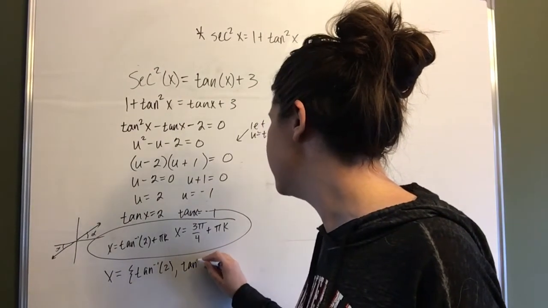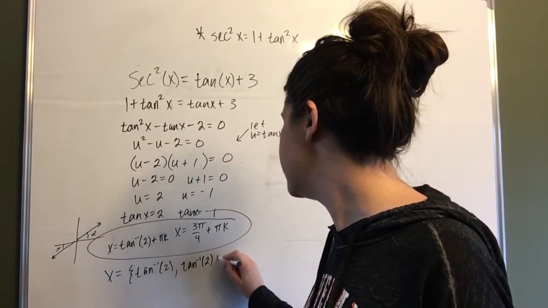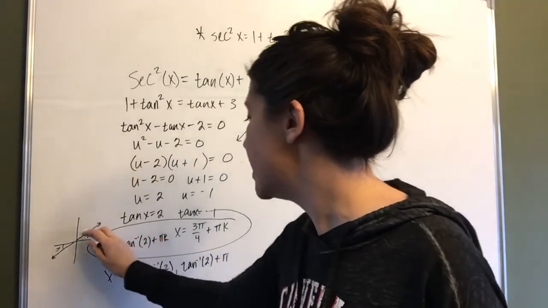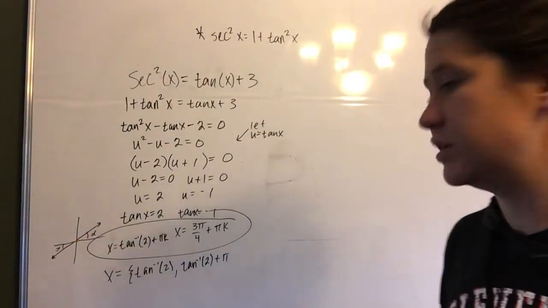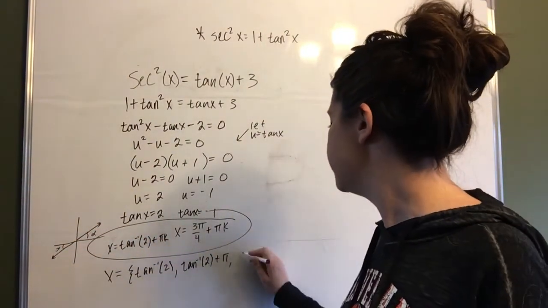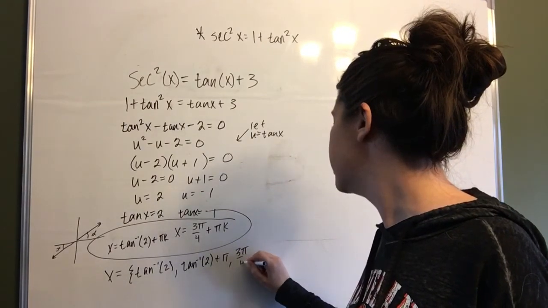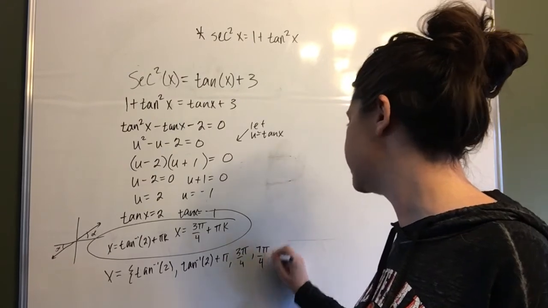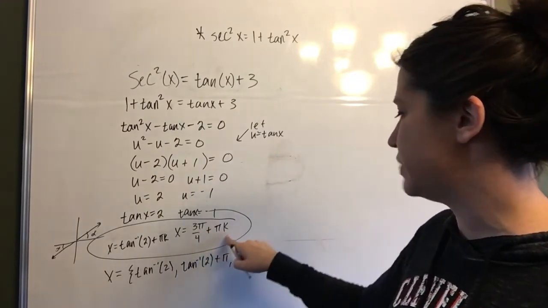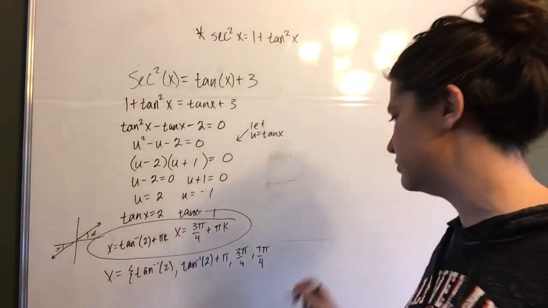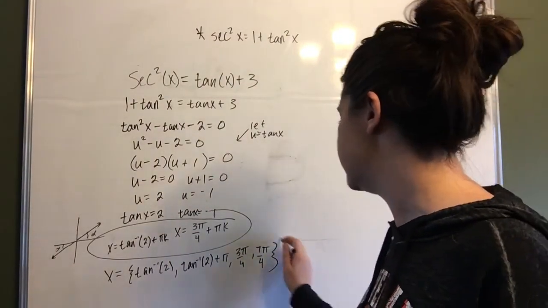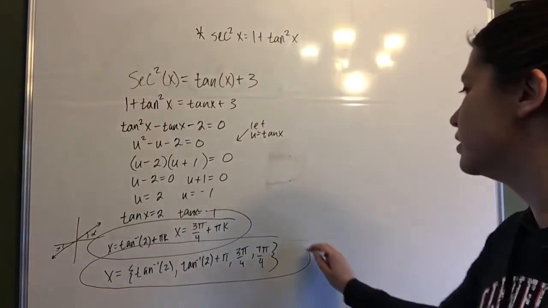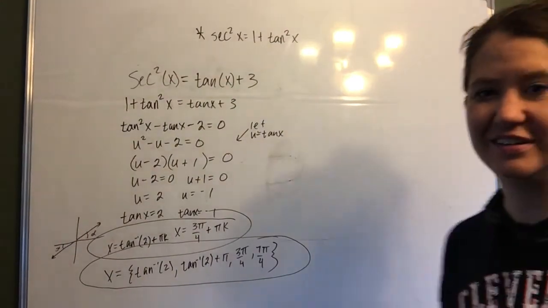Arctan of 2 plus pi, that actually gives us that third quadrant answer that I drew there. 3 pi over 4 and 7 pi over 4, right? We talked about earlier. That's what you get when you add pi onto 3 pi over 4, if you plug 1 in for k there, right? And that's going to be it, all right? So those are the 4 solutions there.